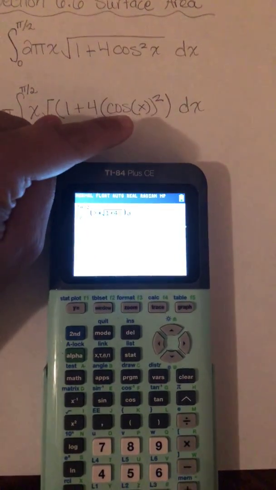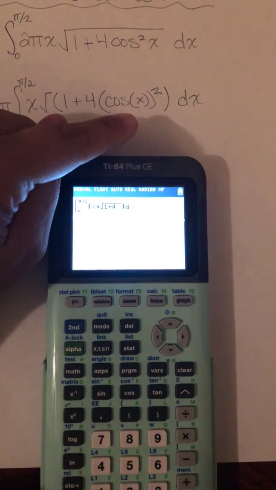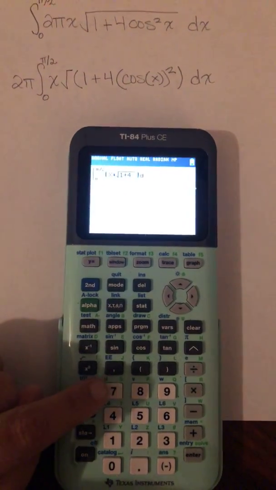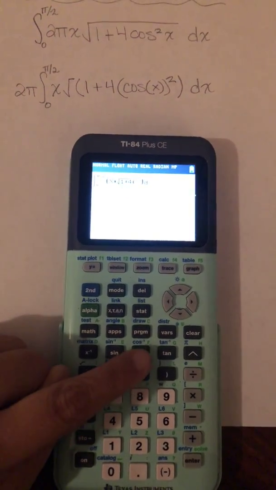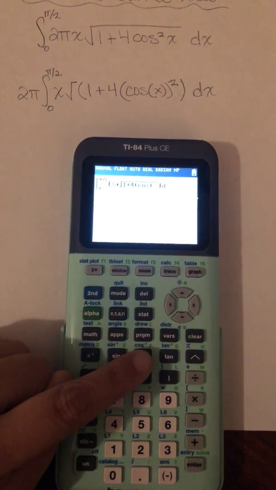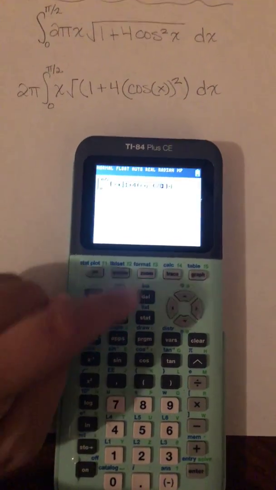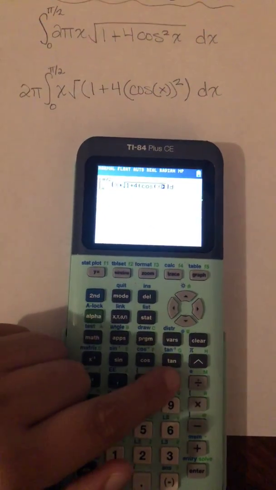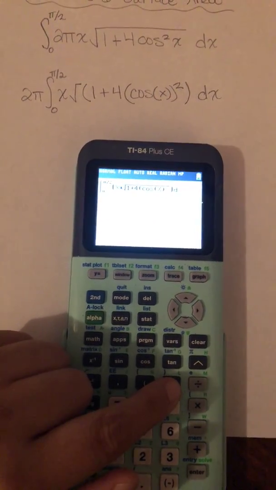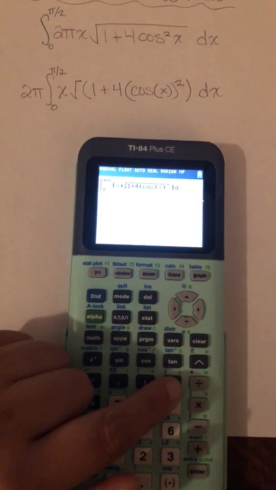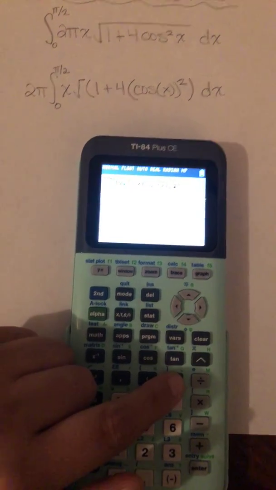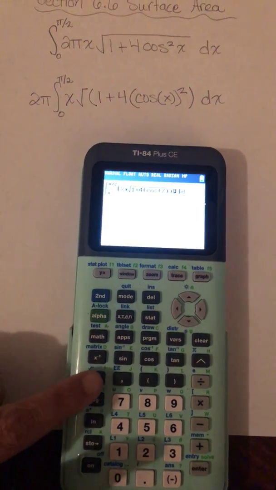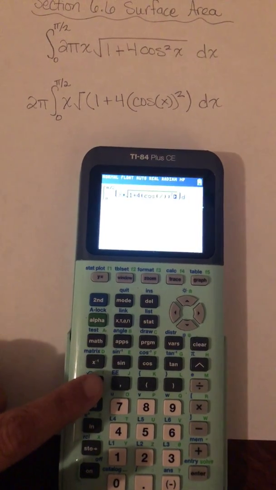And it's only the cosine piece that we want squared. So now I'm going to use some parentheses to enclose the cosine function. And it's cosine. Now look, as soon as you hit the cosine function, it opens another set of parentheses. So the first time I close them, all it does is close the parentheses on the angle. And then the second time I close them, it encloses the entire cosine function. And now I can square.